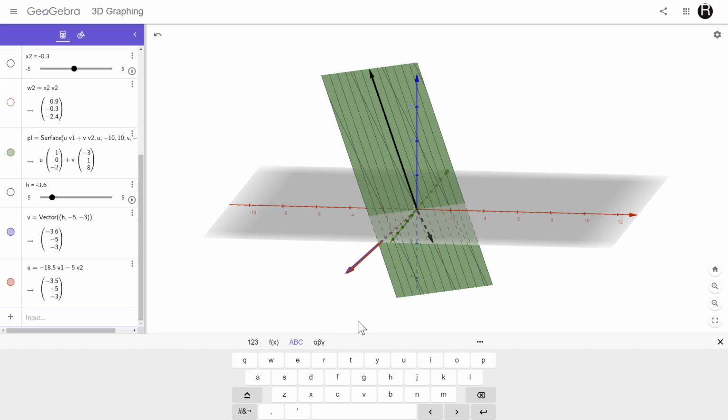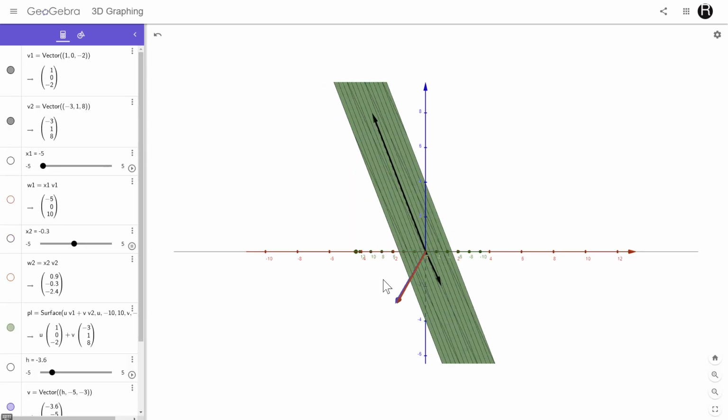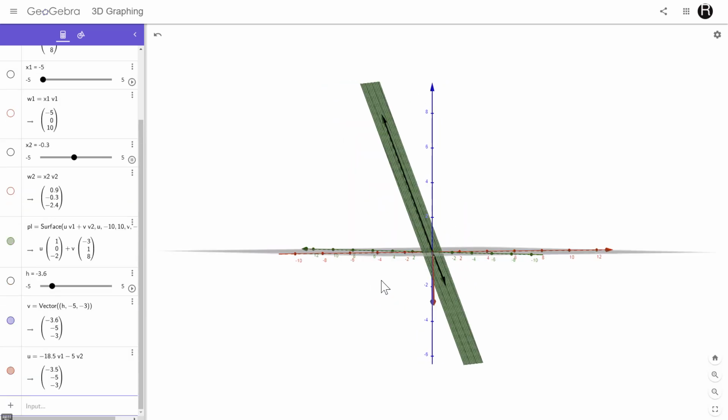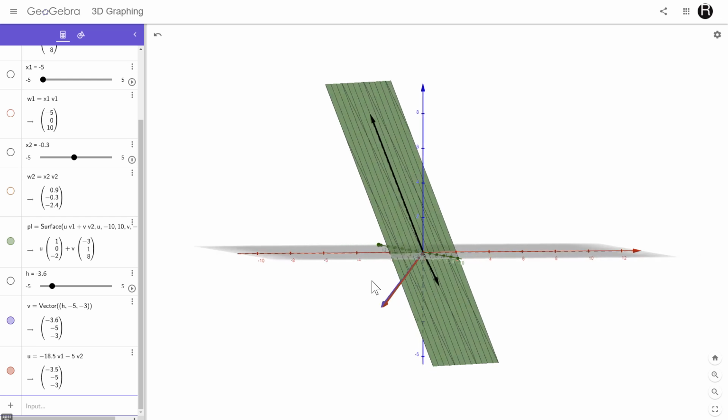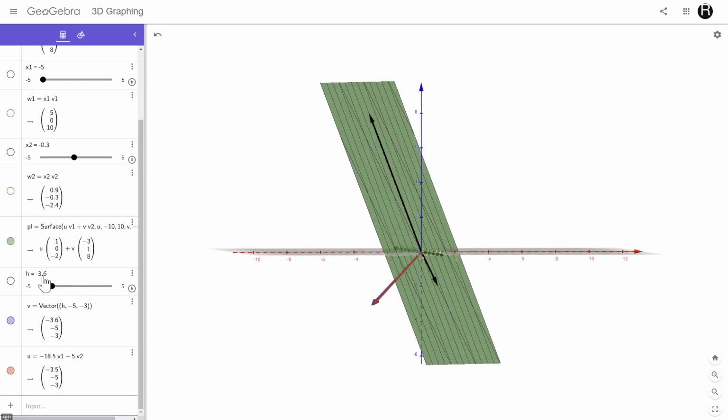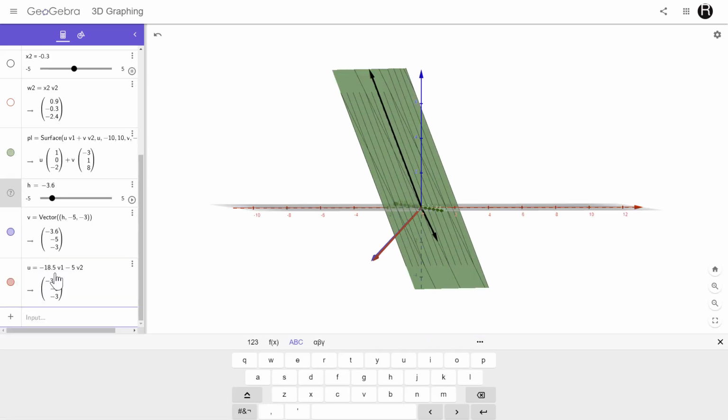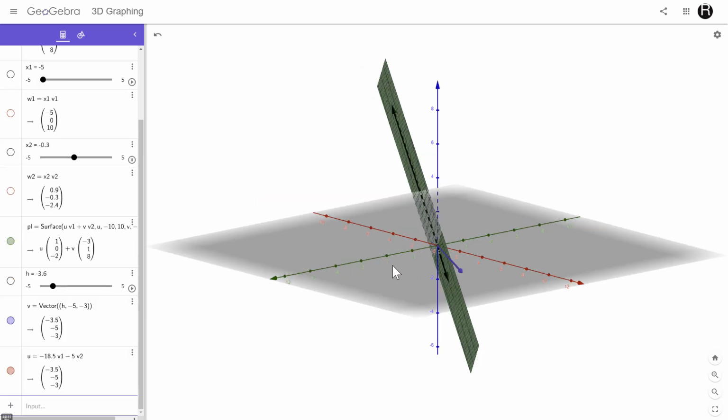So if we see that, I think we get that overlap between those two vectors, so we can say they're essentially the same vector. I think the h is 3.5, so if we really make it 3.5, then they would exactly be the same vector.